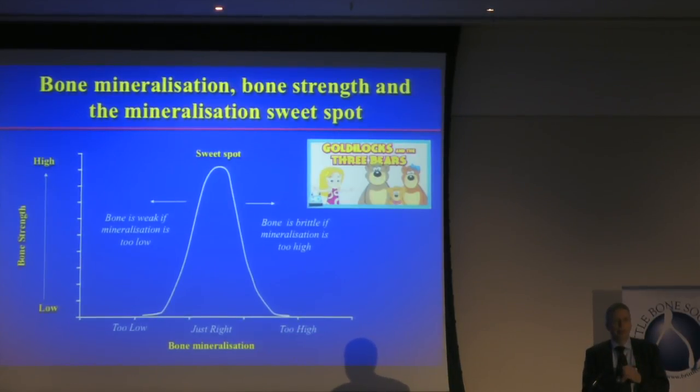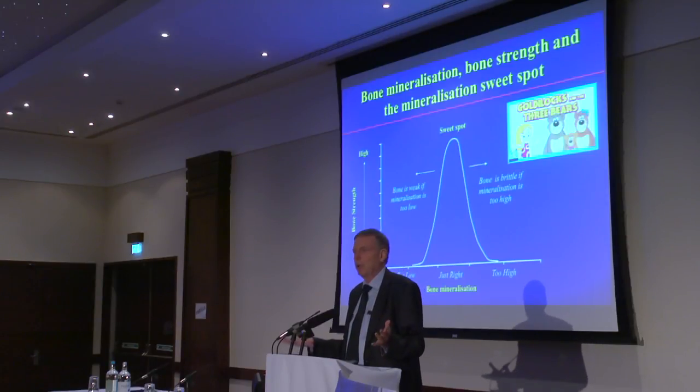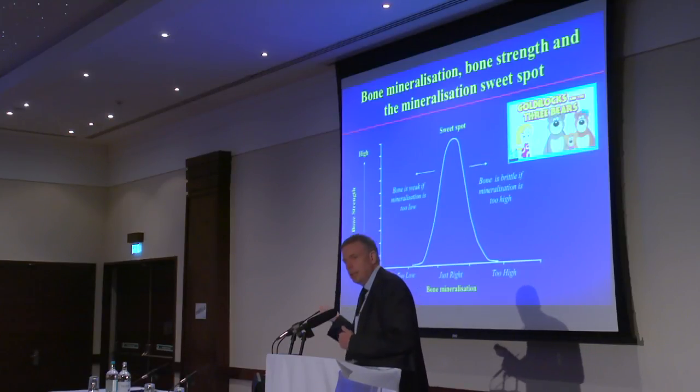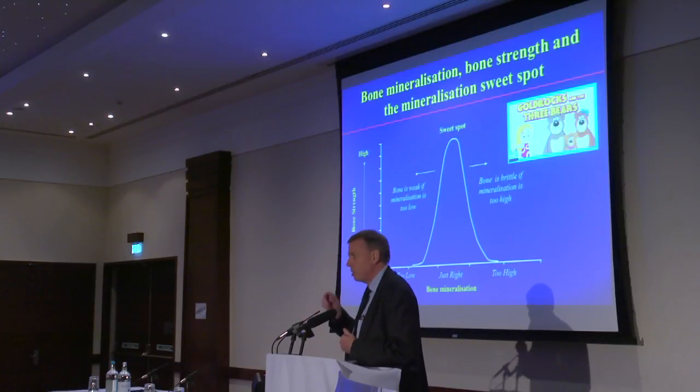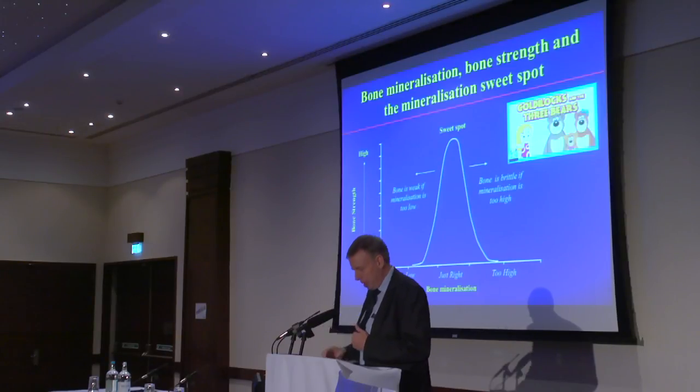Just the correct degree of mineralization. So it's a bit like Goldilocks and the Three Bears. This is my analogy. So you remember Goldilocks? She had the baby bear's porridge, that was too cold. She had the daddy bear's porridge, that was too hot. But then she went to the mummy bear's porridge and that was just right. And that's where you want your mineralization to be.